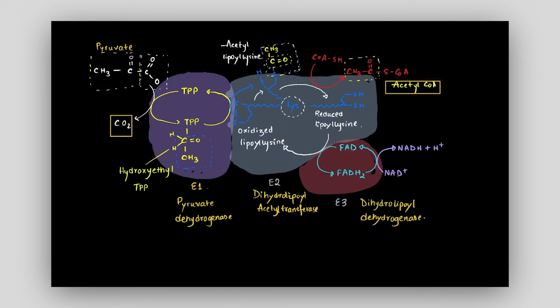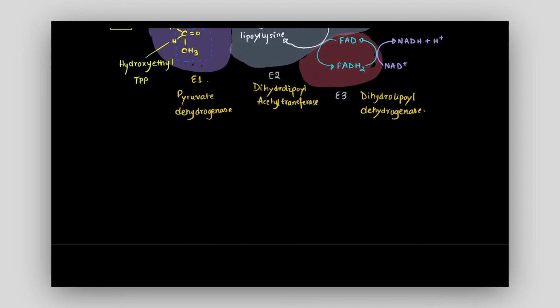So from one glucose molecule, we get two molecules of pyruvate, and hence we have two molecules of CO2 plus two molecules of acetyl coenzyme A, and this goes on to the TCA cycle.